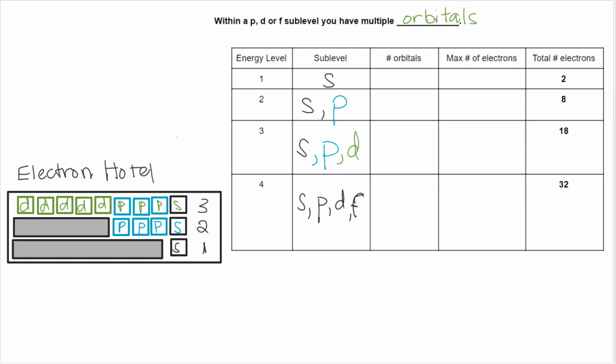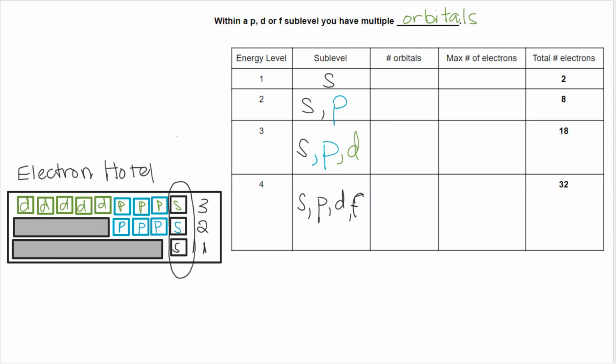All right. So the thing that's kind of interesting about these sublevels is that within an energy level, we can only have a certain number of each type of sublevel. So if we look at our hotel over here, in each energy level, we only have one S-type orbital.